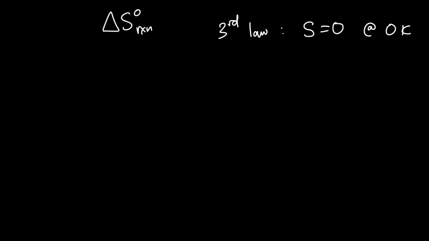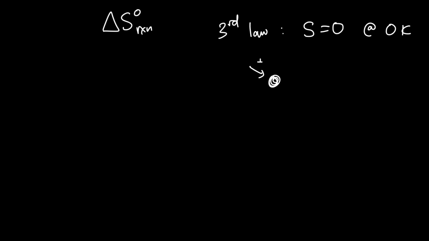Now we can calculate delta S of reaction using exactly the same idea. In fact, the third law of thermodynamics allows us to calculate the entropy of a substance, because the third law says that the entropy of a pure crystalline substance is 0 at absolute 0. So all you've got to do is basically take the substance at absolute 0 and heat it up.